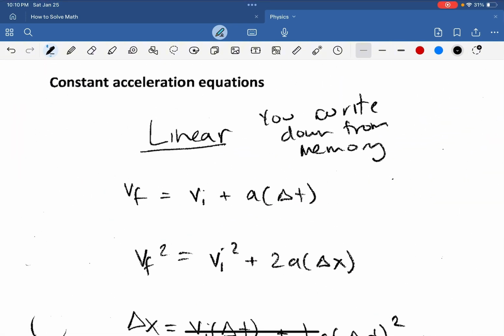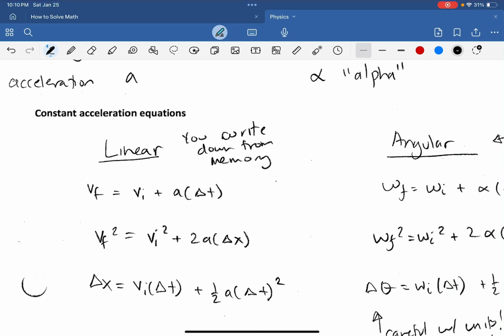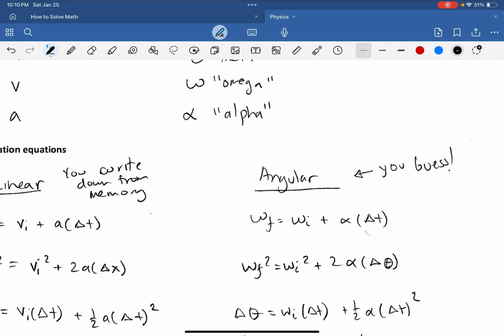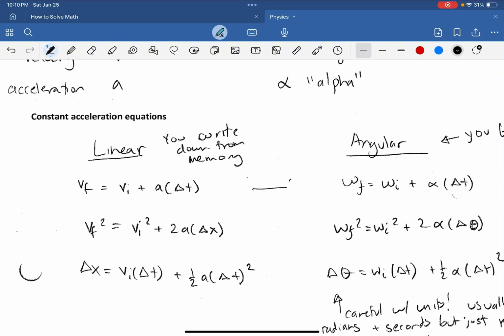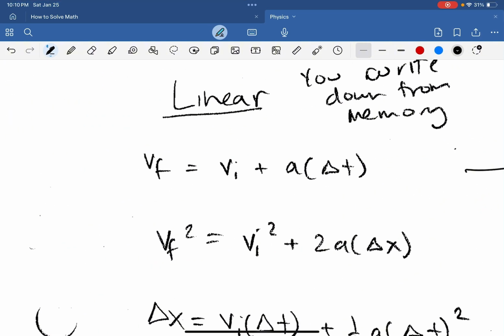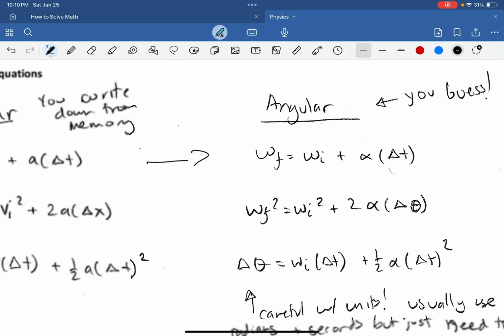Just like how we have constant acceleration equations for linear terms, we're also going to have constant angular equations, which are going to be the exact same thing for their respective units. So let's say we have velocity final is equal to velocity initial plus acceleration times change in time. Now we have angular velocity final is equal to angular velocity initial plus angular acceleration times change in time.